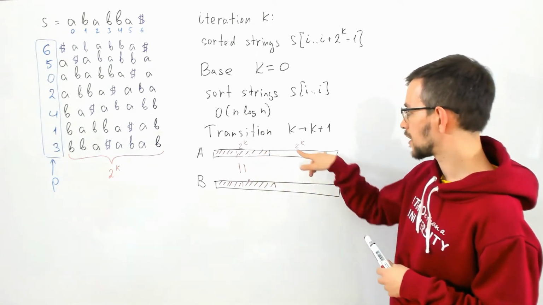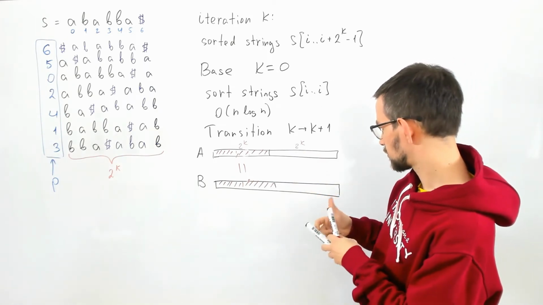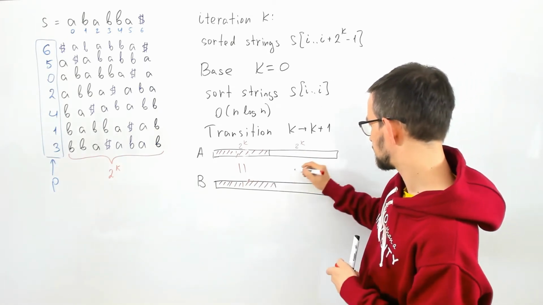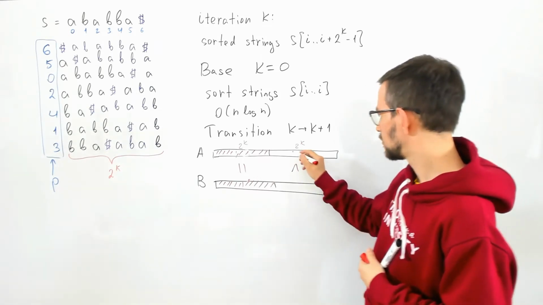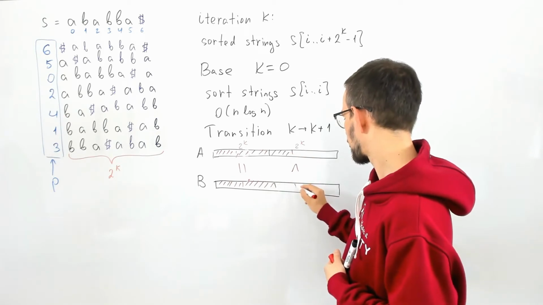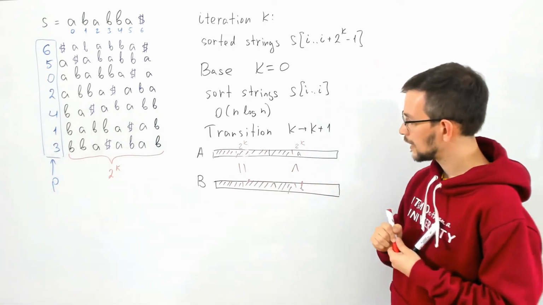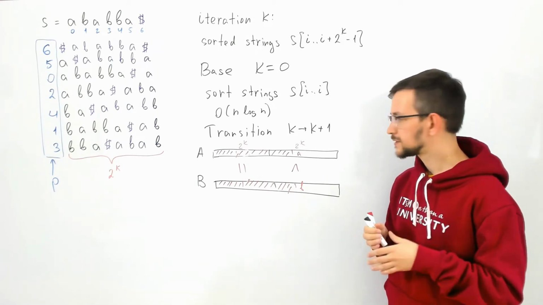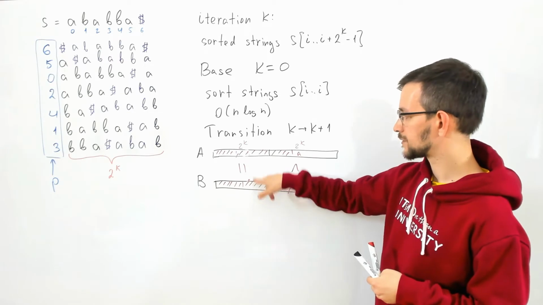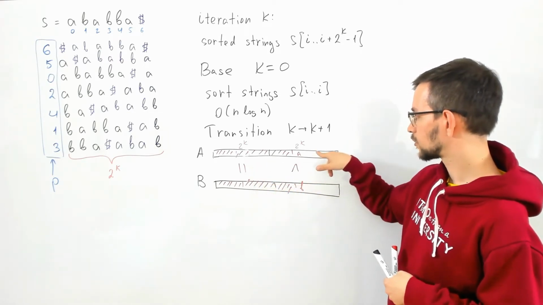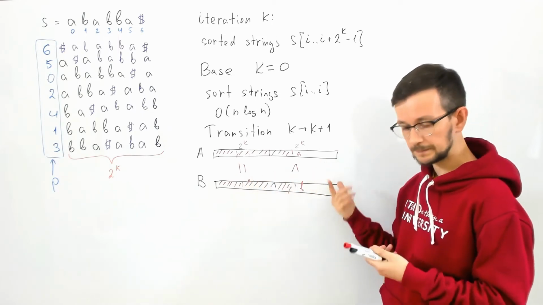So let's compare the right part of A and the right part of B. If they are not equal, for example, if this is less than this, then again we have some common prefix here and some different character here. This means that the string A is less than string B. So if the left parts are equal and the right part of A is less than the right part of B, it means that the string A is less than the string B.